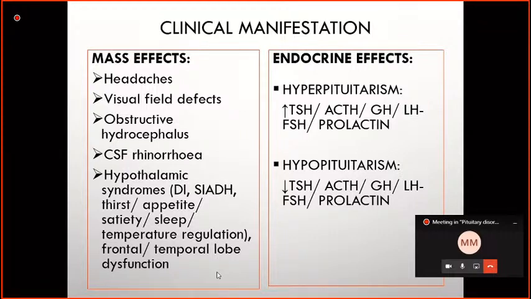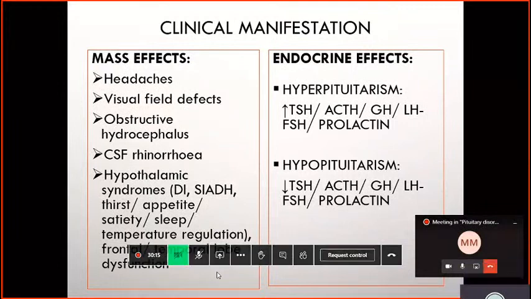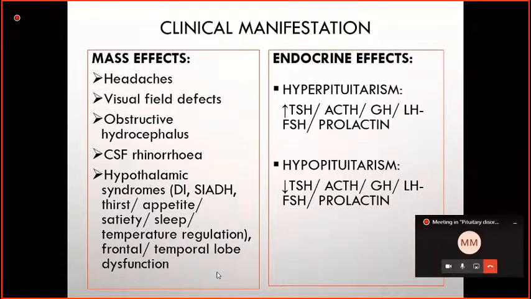So that increase in pressure causes compression to the structures surrounding it. I'm not sure whether you have learned the anatomy of the brain. You only learned the pituitary, right? So you have your ventricles, which are the spaces within the brain, which have cerebrospinal fluid inside.